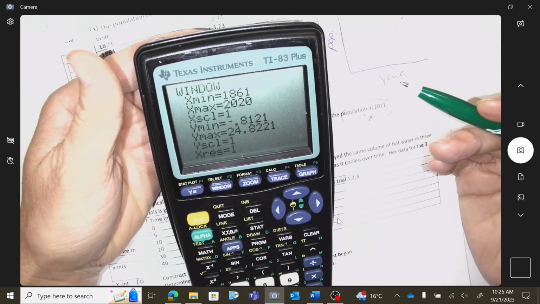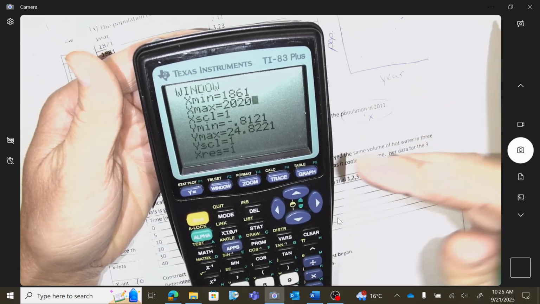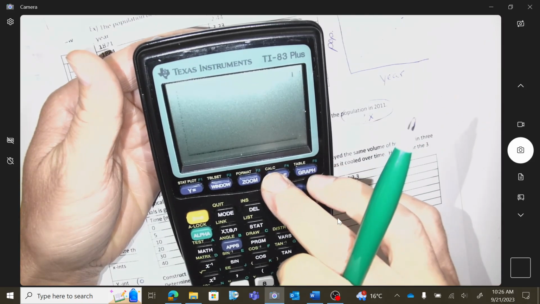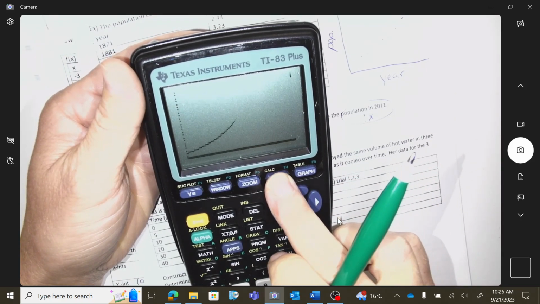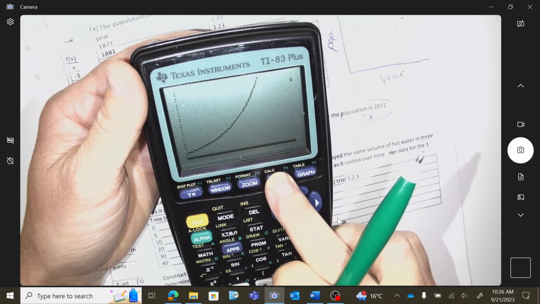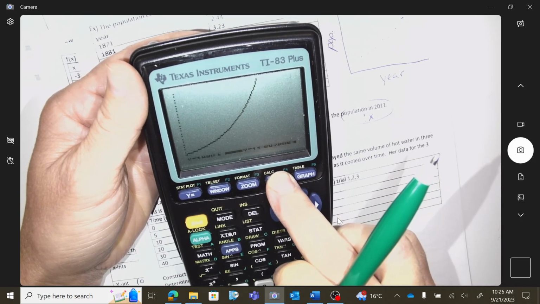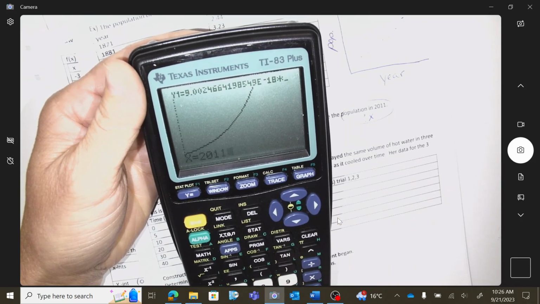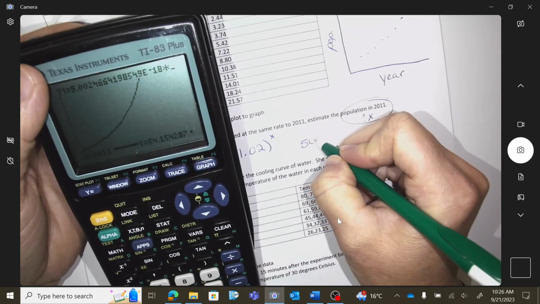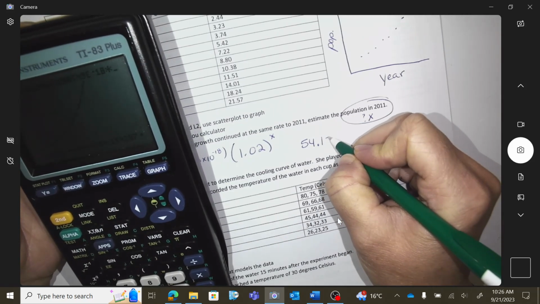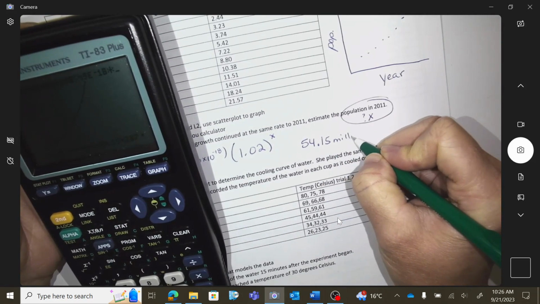I got to go something bigger than 2011. And then we'll try again. So trace 2011. And then this time it should work. So 54.15 million people.